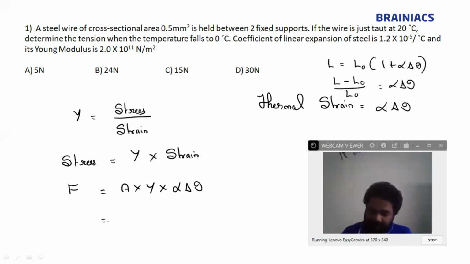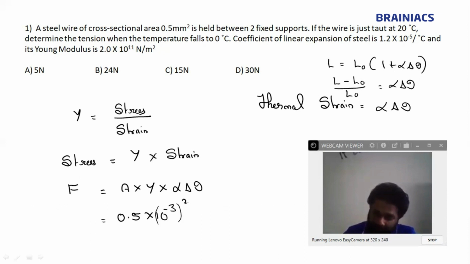So what is area? Area is given as 0.5 millimeter square, that is 0.5 into 10 raised to minus 3. For 1 millimeter, this is how.